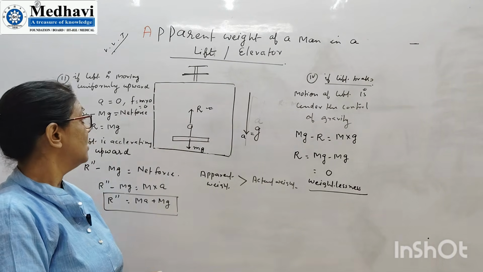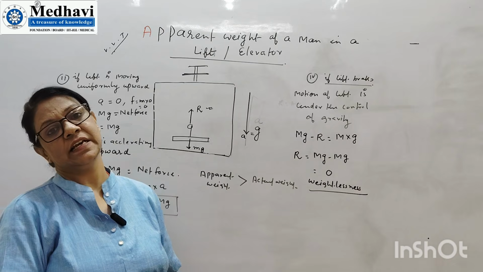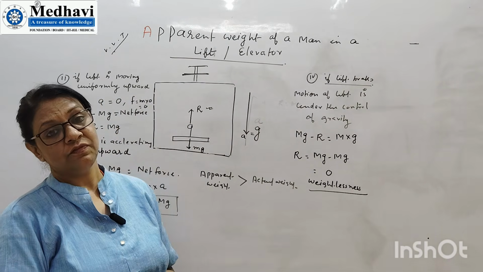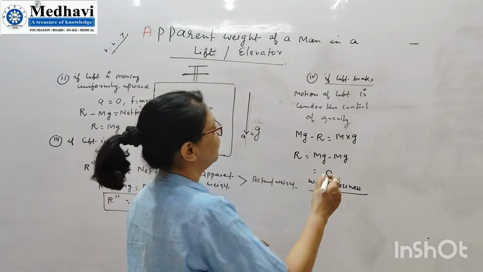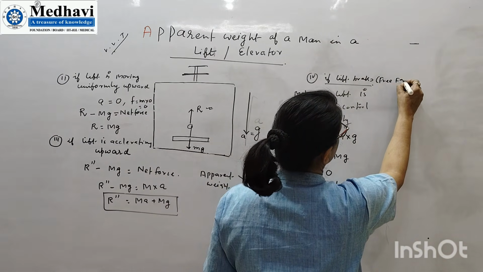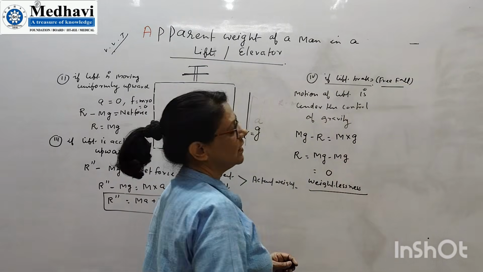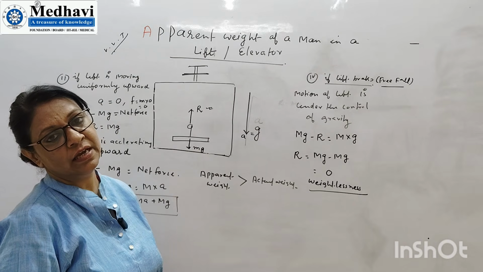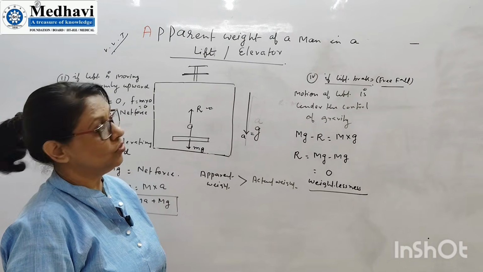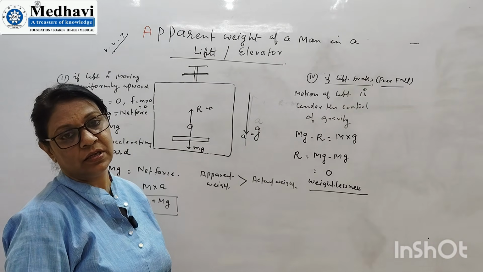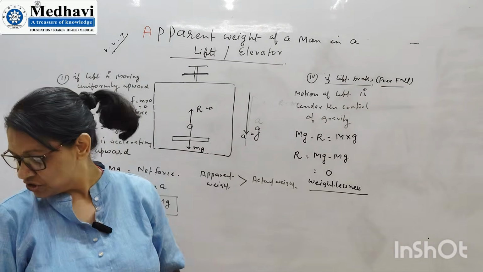Fourth, when the elevator is accelerating upward. Fifth, free fall. The lift fully comes under the control of gravity. Here the apparent weight of the person will be 0. So this information is going to be very, very important for solving numerical questions.